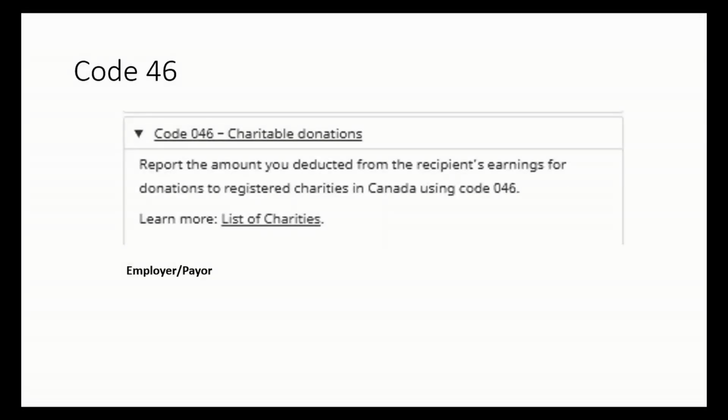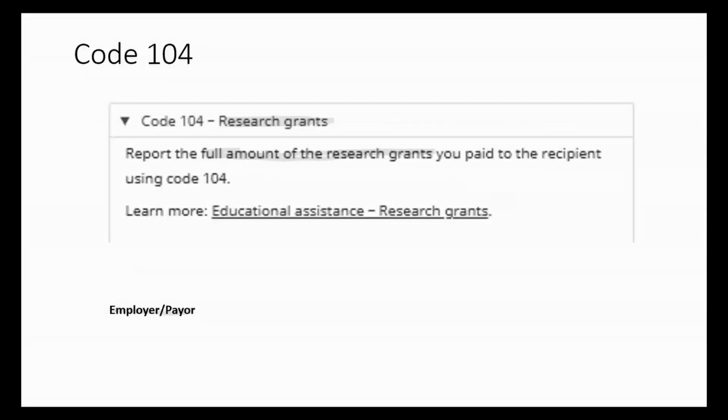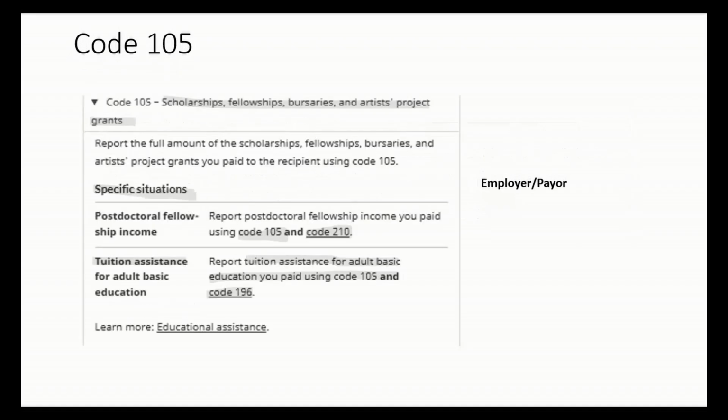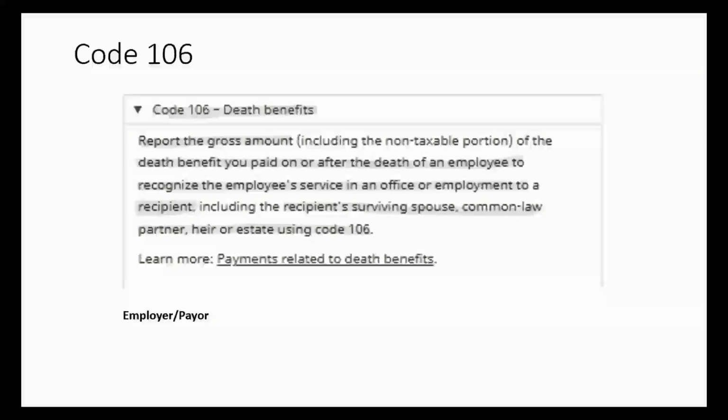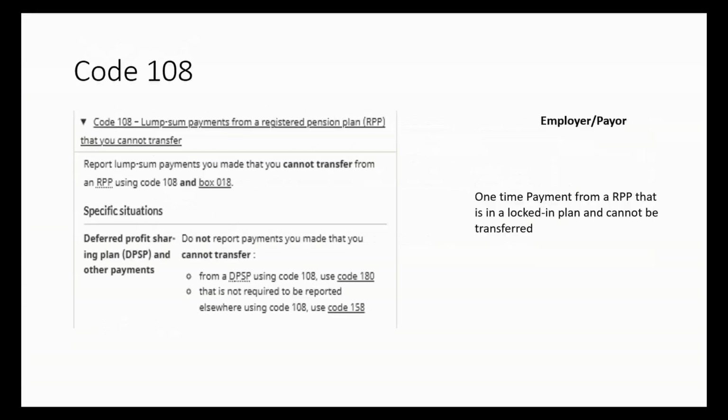Code 46, charitable donations. Code 102, lump sum payments, non-resident services transferred under paragraph 60J. Code 104, research grants. Code 105, scholarships, fellowships, bursaries, and project grants. Code 106, death benefits. Code 107, payments from a wage loss replacement plan.